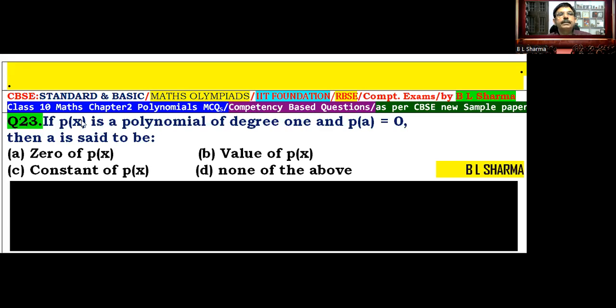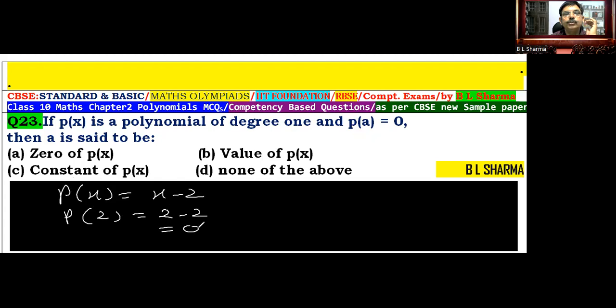If p(x) is a polynomial of degree 1 and the value of that polynomial at a is equal to 0, then a is said to be. देखिए इसका एक एग्जांपल के थ्रू इसको एक्सप्लेन करेंगे. Let there be a polynomial p(x) equals x minus 2. अब x की जगह क्या रिप्लेस करें? इफ यू आर टेकिंग x इज इक्वल टू 2, दैट इज राइट हैंड साइड 2 minus 2 इज इक्वल टू 0. x की वैल्यू 2 रिप्लेस करने से 0 आया.